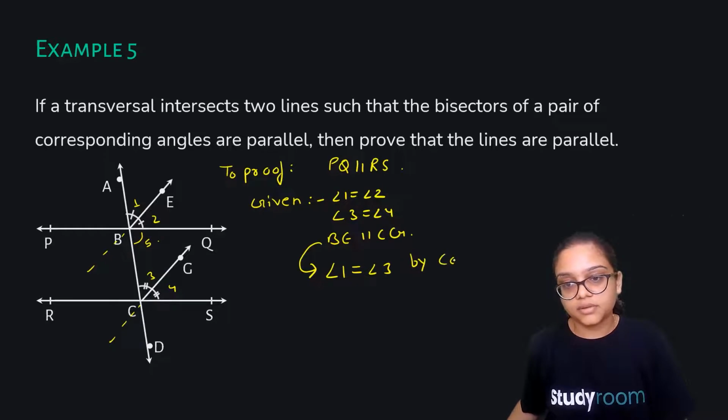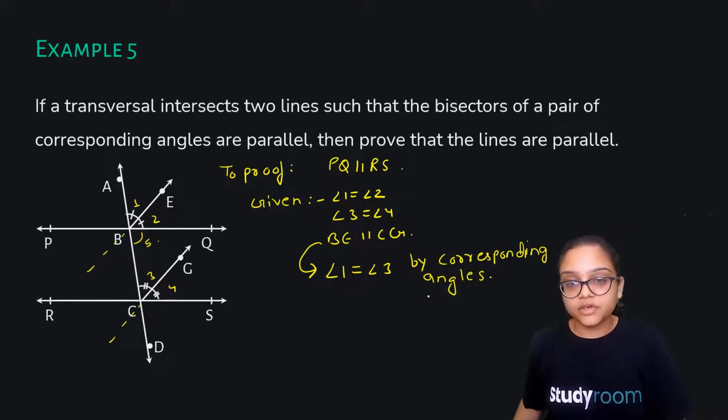Now angle 1 is equal to 3, but angle 1 is also equal to angle 2 and 3 is equal to 4, so angle 1 equals angle 2 equals angle 3 equals angle 4.